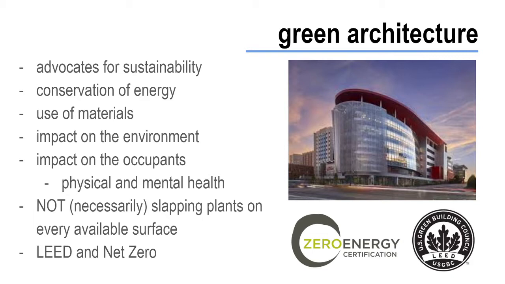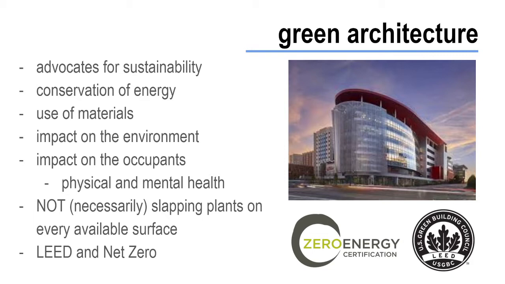If I can just reduce the amount of energy and electricity my building is using, that's going to be a huge part of creating a sustainable building, and is going to do a lot more in the long run than necessarily slapping a bunch of trees on the roof.